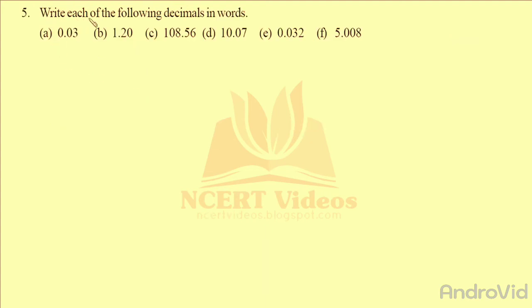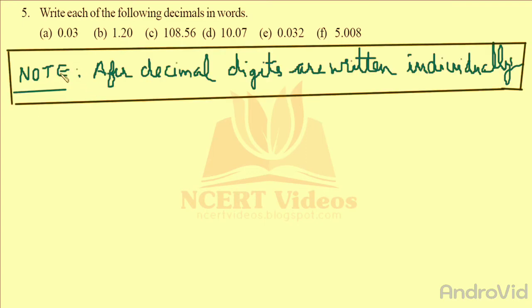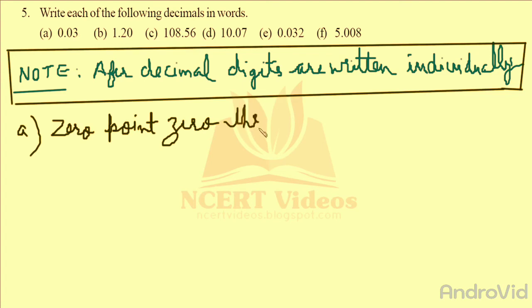Question 5. Write each of the following decimals in words. First, let's write some note. After the decimal, digits are written individually, as I have stated earlier also. So 0.03, zero point zero three. That's how you'll write part A. B part.